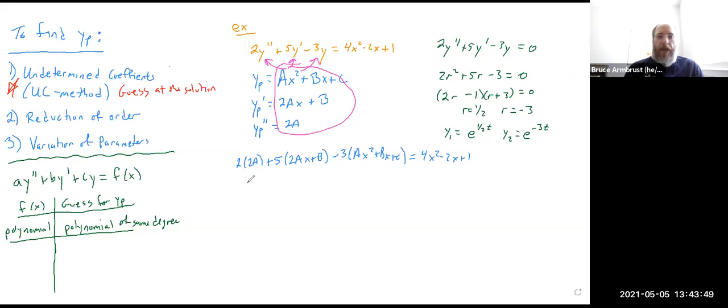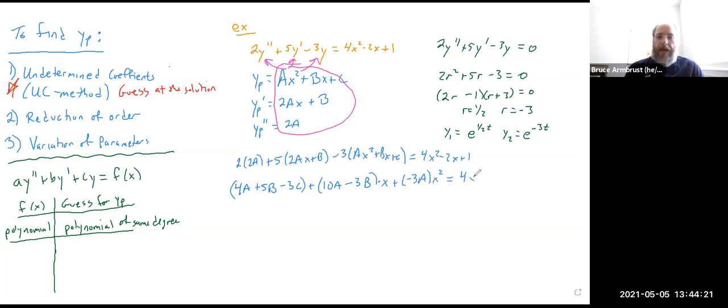So in terms of the constants, I'm going to get 4a plus 5b minus 3c. Those are all the constant parts. On x, I'm going to get 10a minus 3b, times x. And then the x squareds, I'm going to get minus 3a times x squared.